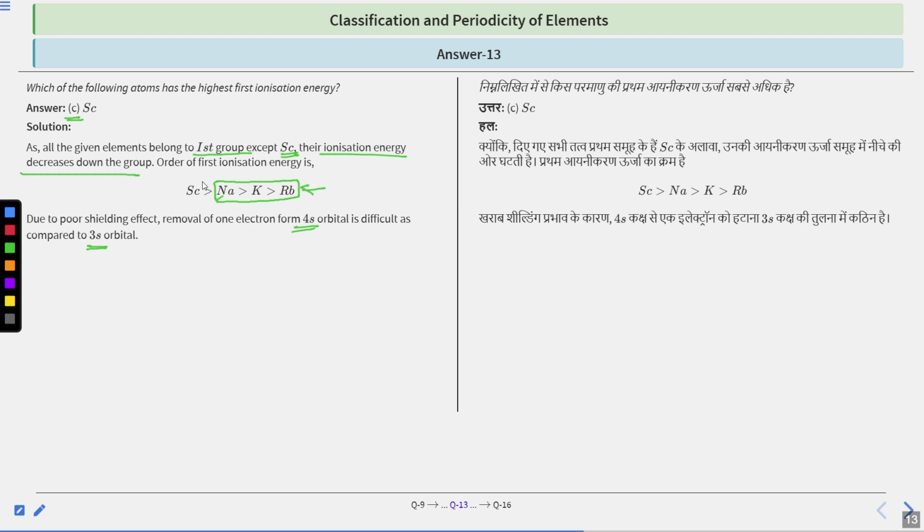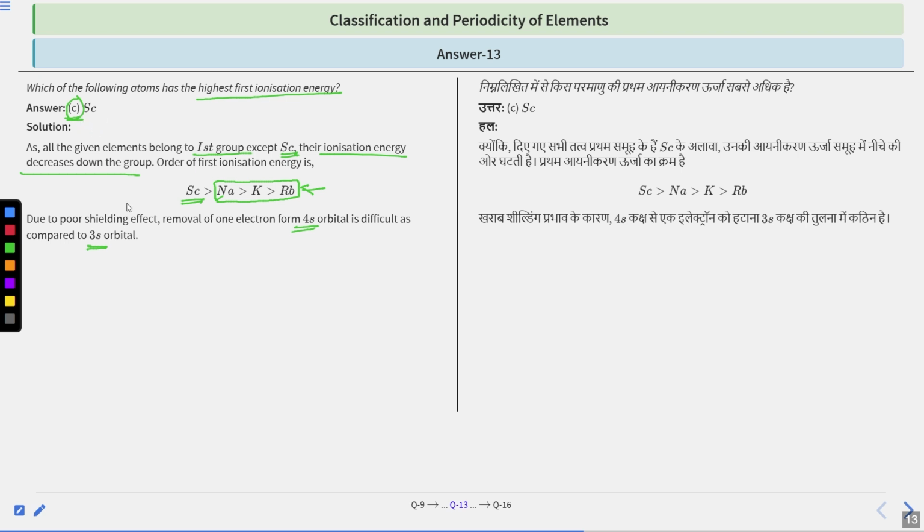And scandium belongs to a different group, and it is also a transition element, right? So that's why it has the highest first ionization energy compared to the other three given elements. Okay, so from the options, the correct answer is option C, that is scandium, having the highest first ionization energy.